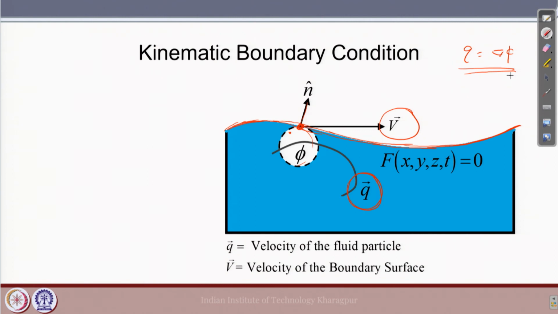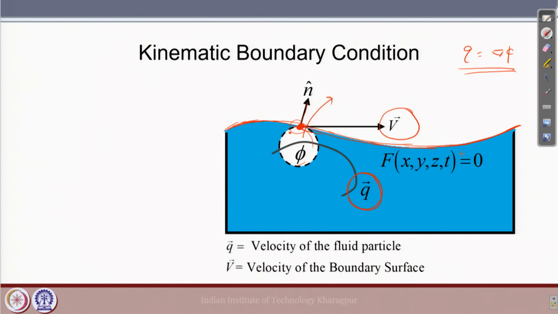Now, what is the condition for this fluid particle to stay on the boundary surface f? The question is very clear: what is the condition that this fluid particle stays here, so that it is not coming out of this boundary surface f.